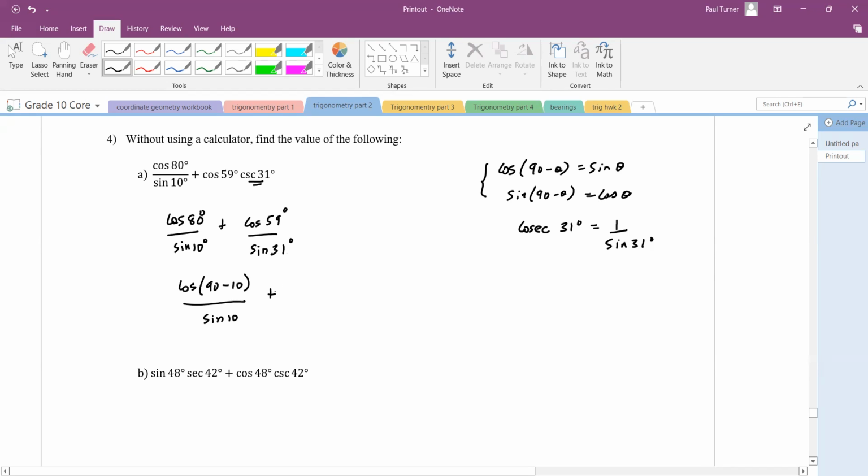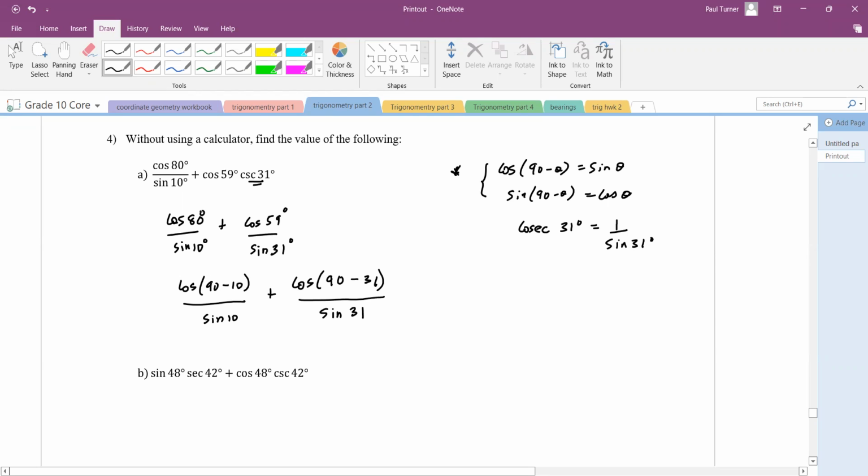Let's see how we want to change that: cos 90 minus 31 on sine 31. Okay, so when you're doing this calculation for me, you should show me your steps, how you're using these ratios here.